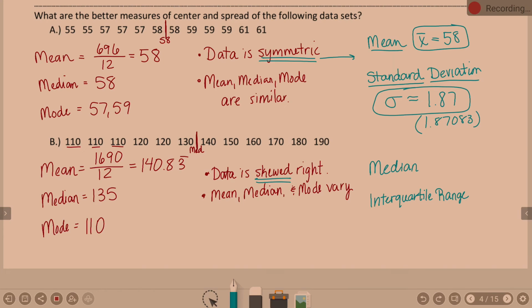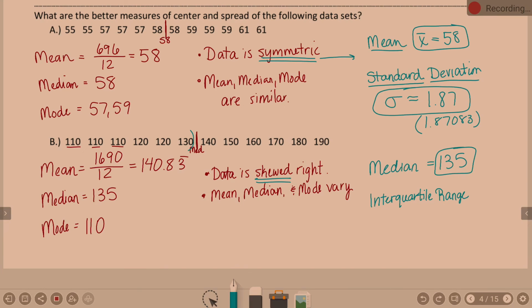Well, let's see. Easy one. What do you know about the median? 135. Interquartile range. You have to find it, don't you? I notice I'm finding it when I have to. I could have found them earlier, but okay, if my median's here in the middle, remember, you don't use the median, you just use all numbers to the left of the median.